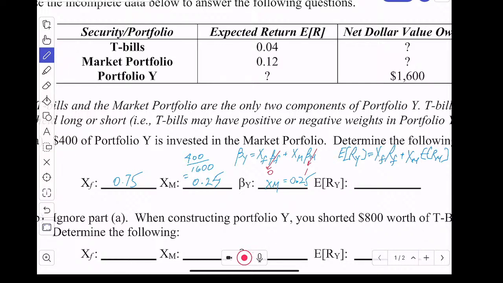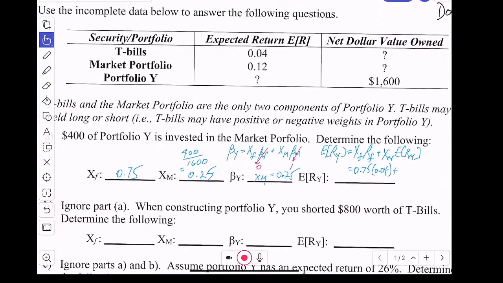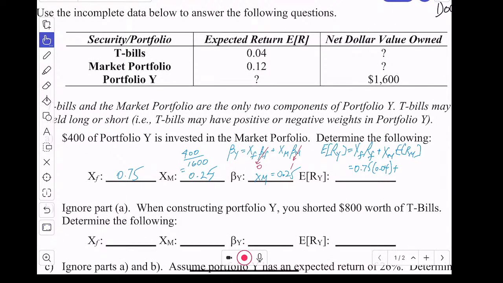Remember, the weight for the risk-free is 75, the return is 4%. The weight for the market portfolio is 25, and the expected return on the market portfolio is 12%. So you put that all together and you get that the new asset has a 6% expected return.